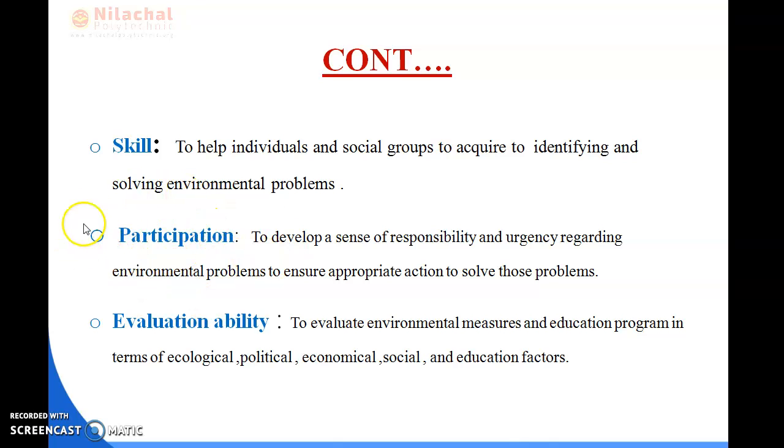In this way your participation plays a role. All the public and all human beings should participate for the improvement of our environment.